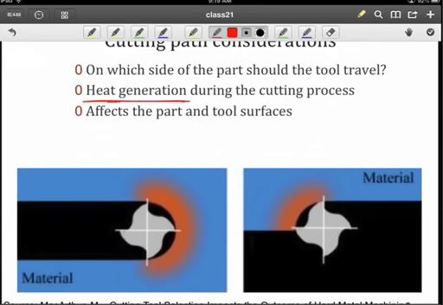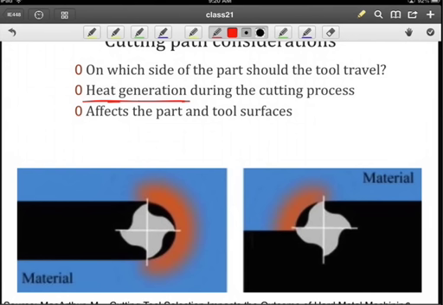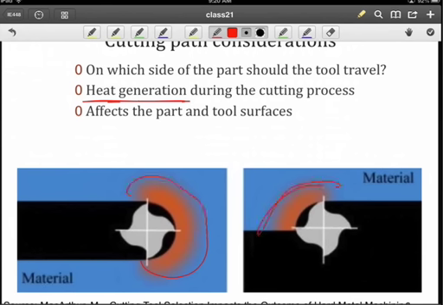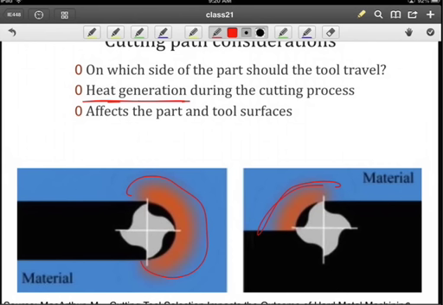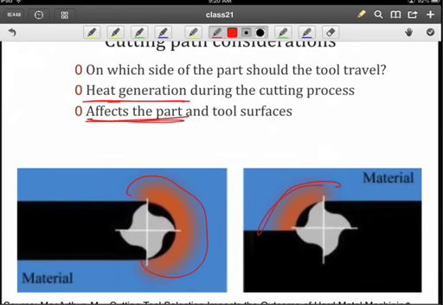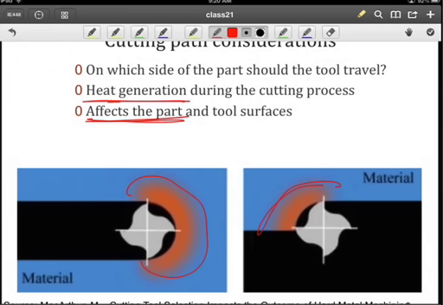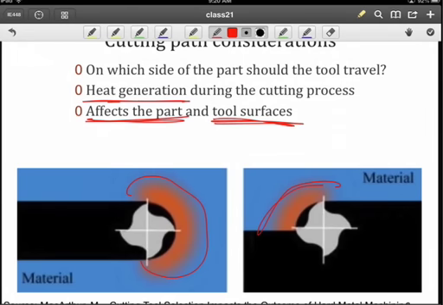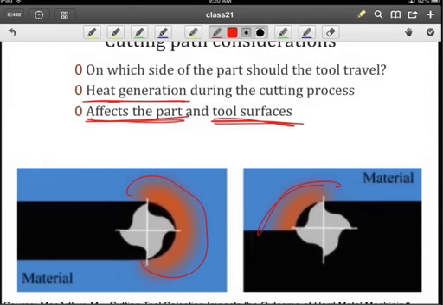Now, of course, we can be spraying coolant continuously on the material, and hopefully that heat generation is greatly reduced, but of course there's always the potential for heat being produced in this region as we come in contact with that material. Well, as you know from basic physics, this is going to affect both the part, because as we heat the material, it's going to expand, as well as tool surfaces. As they heat up, they will expand, and this will contribute to your process capability because the dimensional characteristics of the material have changed while you're cutting them.